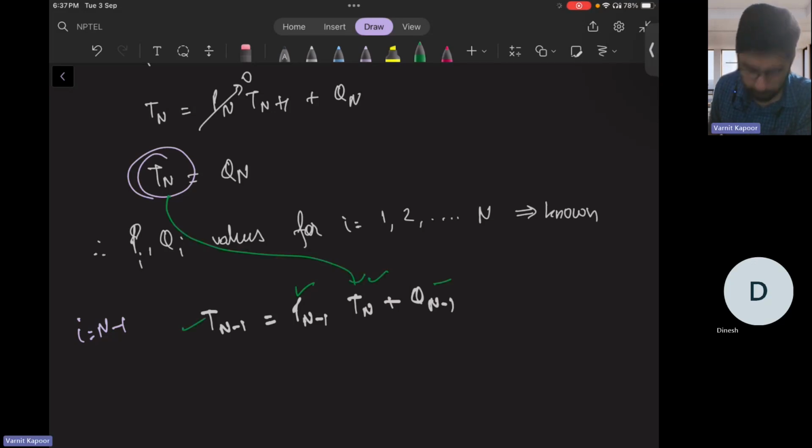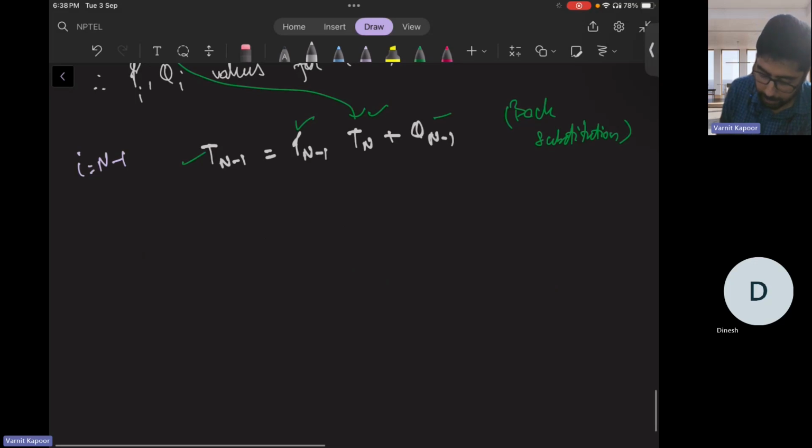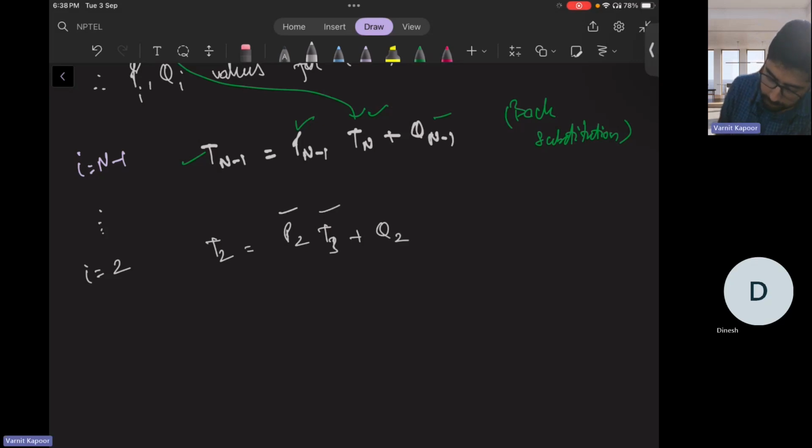This is also known. Therefore, T of n minus 1 is known. That is the back substitution happening. Now you start getting all the values. Similarly, for I is equal to 2, T2 is nothing but P2 T3 plus Q2. So this is known, this is known, this is known. Got this. Okay. This is so simple.